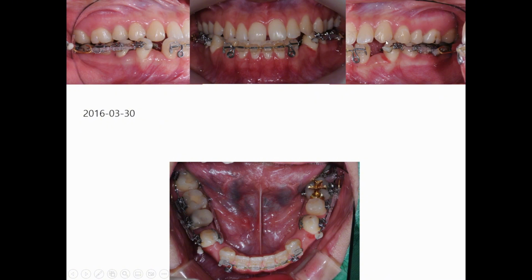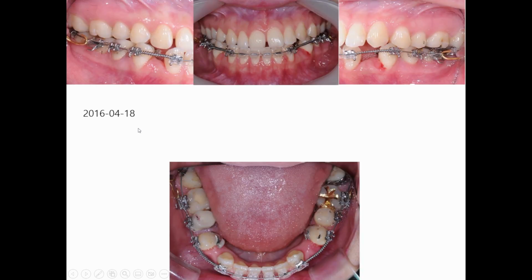So look at the molar occlusion, almost class 1. And then place the full arch wire with open coil spring. She doesn't like to close the space during the leveling, so place the open coil a little bit.